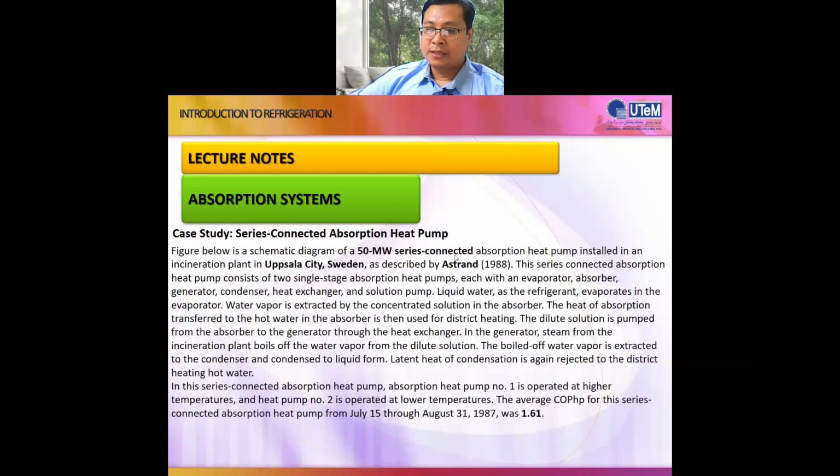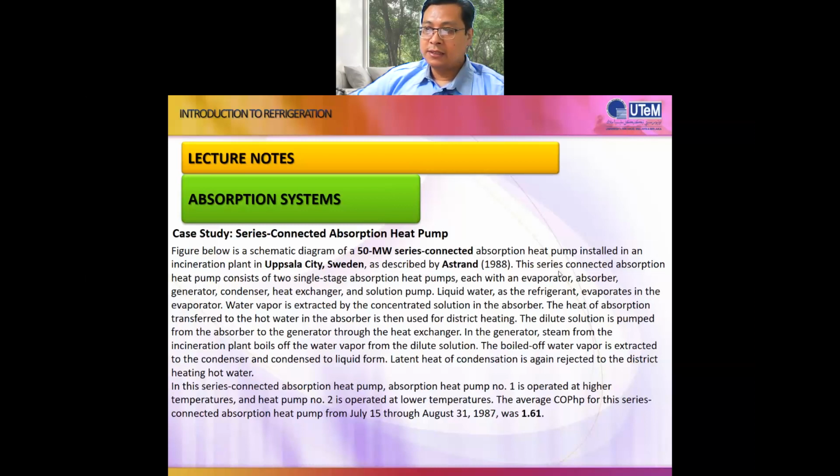This one is the case study for the absorption system. They have the schematic to describe this case study. They have a 50 megawatt series connected absorption heat pump installed in an incineration plant in Uppsala city, Sweden.